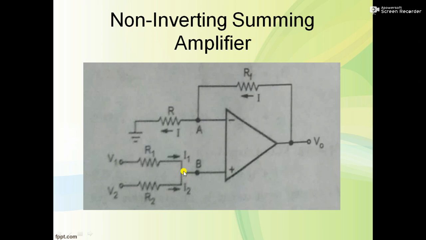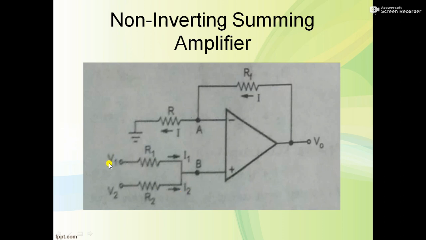V1, V2 are applied to the positive terminal of the op-amp, and the negative terminal is grounded through the resistance R. In the inverting summing amplifier, the current was flowing in the clockwise direction, but in the non-inverting amplifier, the current is flowing in the anti-clockwise direction.